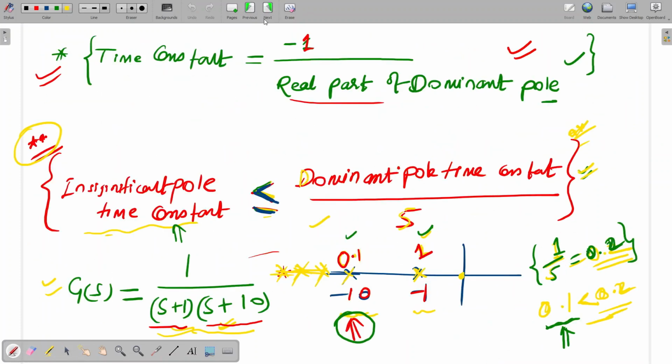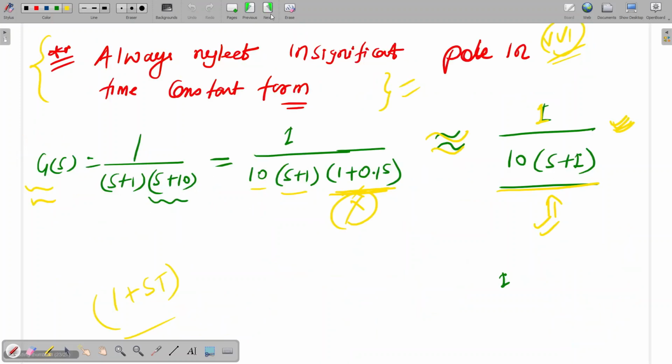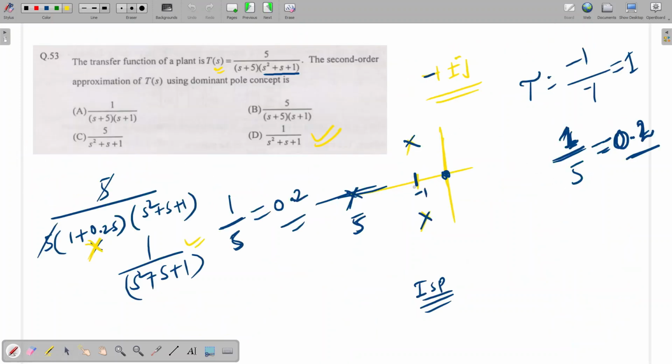This is the rule: if any pole is insignificant, its time constant will be less than or equal to the dominant pole time constant divided by 5. So I am dividing the dominant time constant 1 by 5, that is equal to 0.2, and another pole is at minus 5. So the time constant for this one is 1 by 5, that is 0.2.